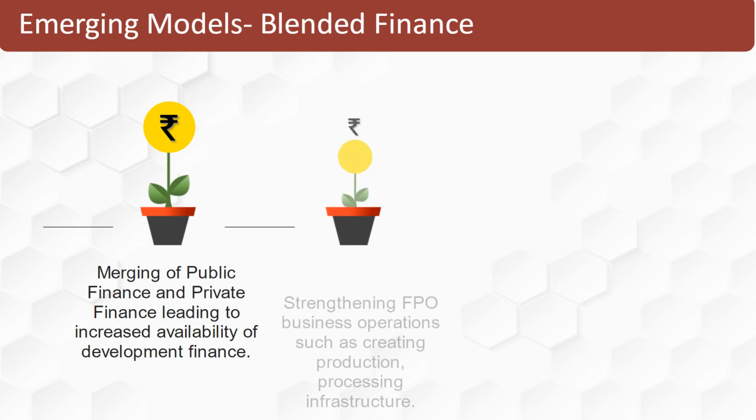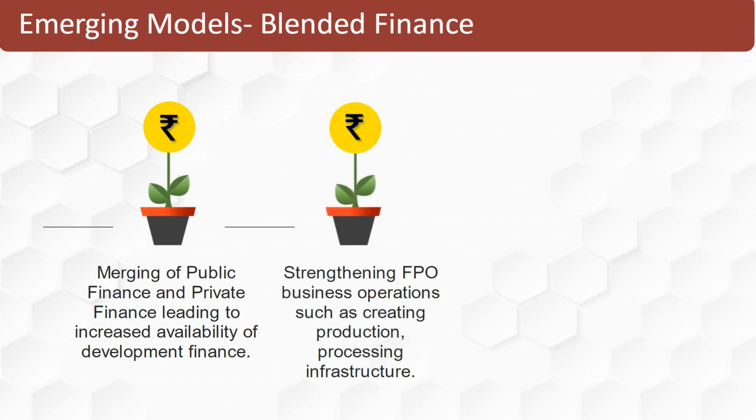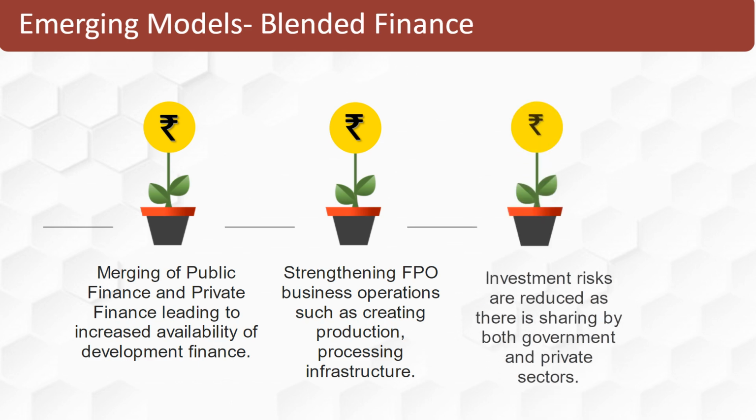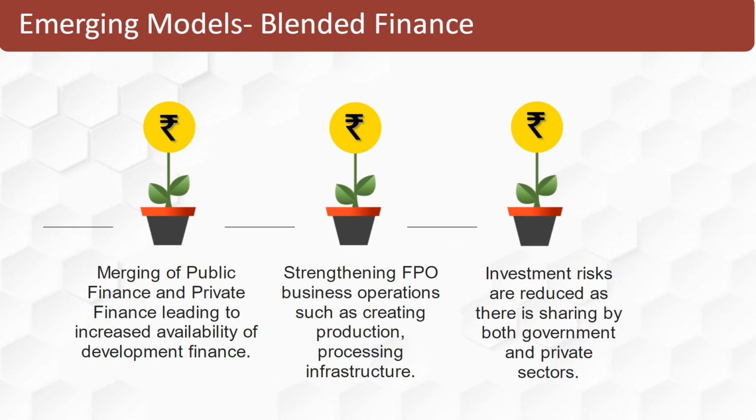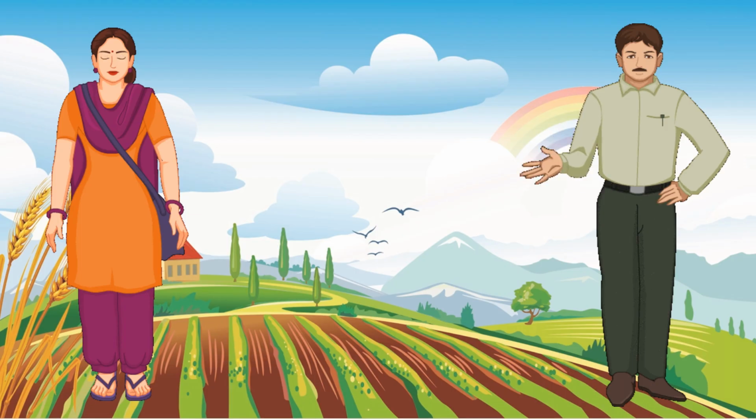The increased finance can be used for strengthening FPO business operations, such as creating production, processing infrastructure, etc. Investment risks are reduced as there is sharing by both government and private sectors. Okay, I understand. In this model, both public and private sector join hands to extend support.